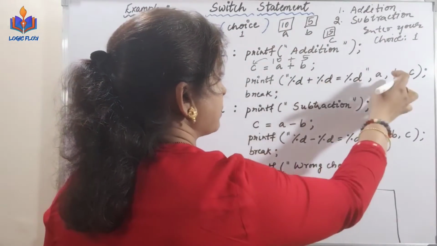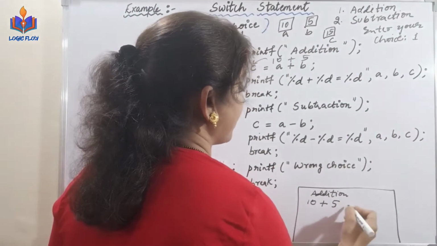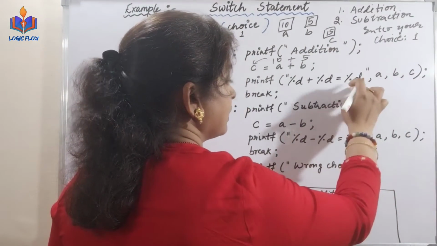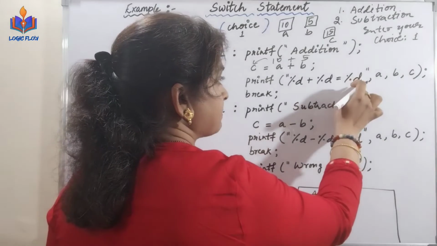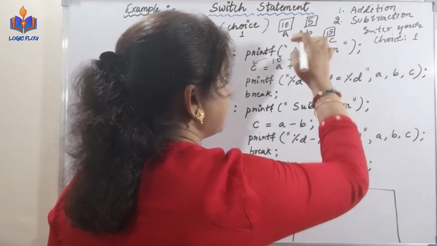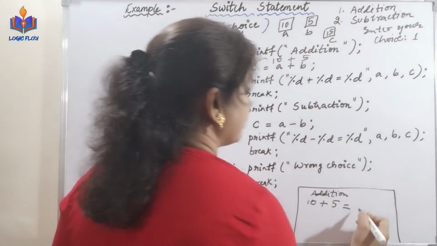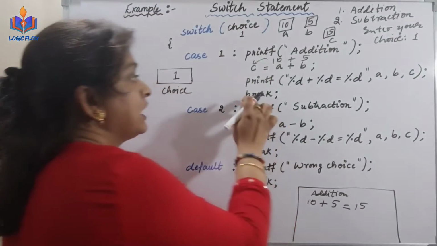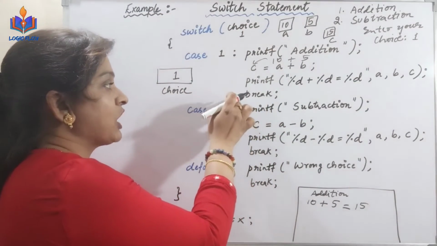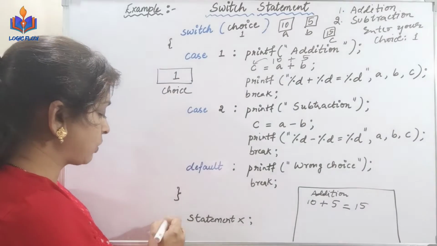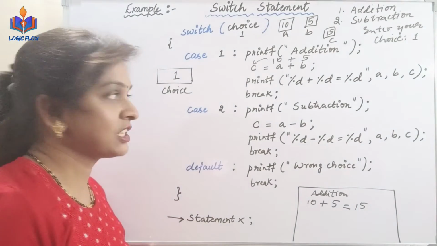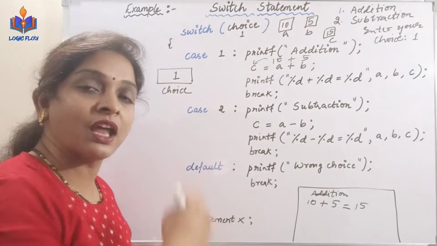The second %d, what is the b value? It is 5, equal to will be displayed. Next %d gets the value from c. What is the value in c? It is 15. Then break causes an immediate termination, and the control goes to statement X. Well, I have given only 2 cases here. You can have n number of cases.